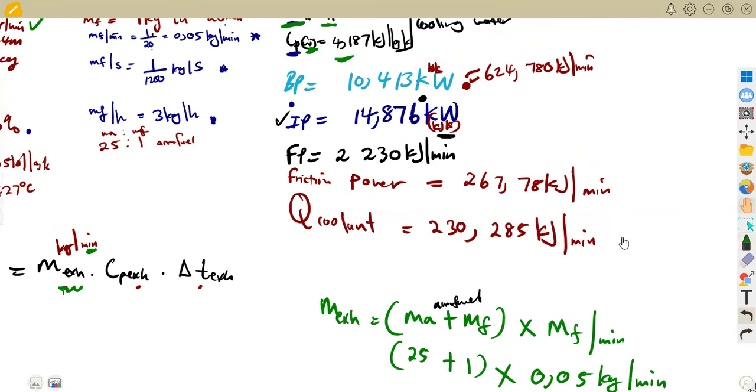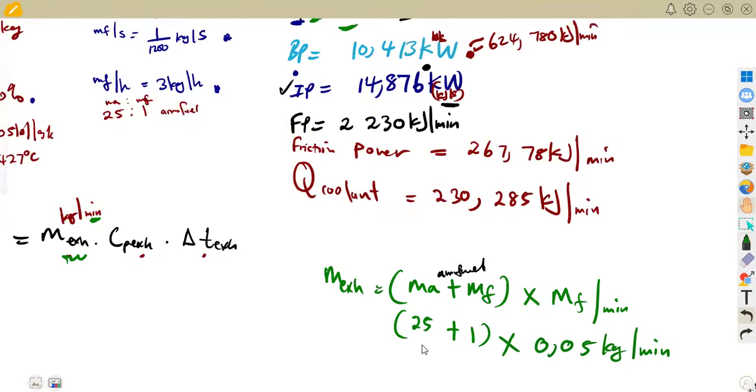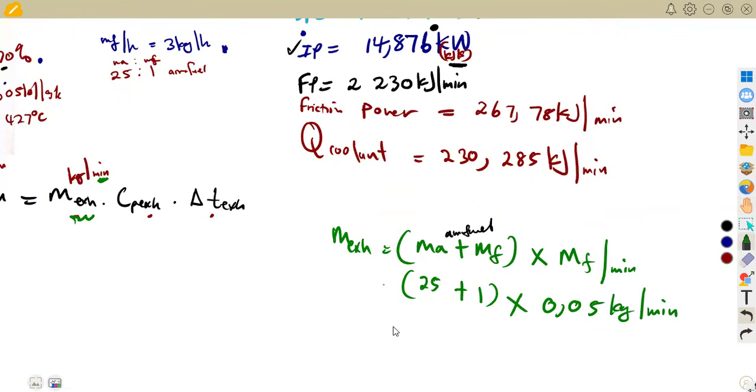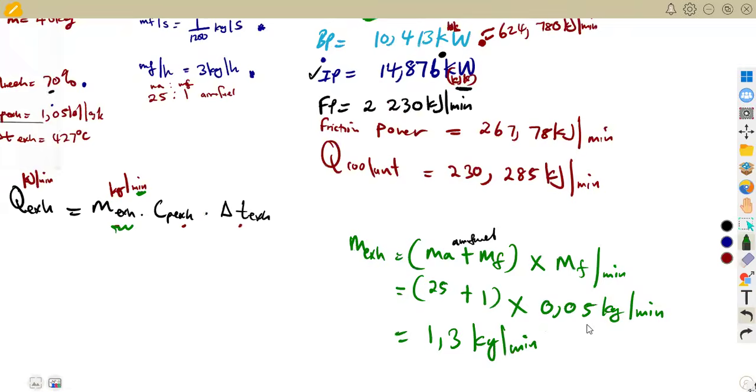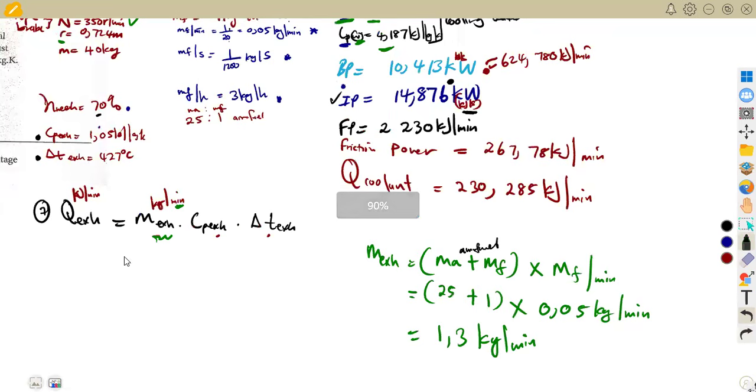So this is up to you. This gives us the mass of the exhaust gases in kilograms per minute. You are going to obtain 1.3 kilograms per minute. Guys, if we use this value, definitely our answer for the Q for the exhaust will be in kilojoules per minute, because we used kilograms per minute.